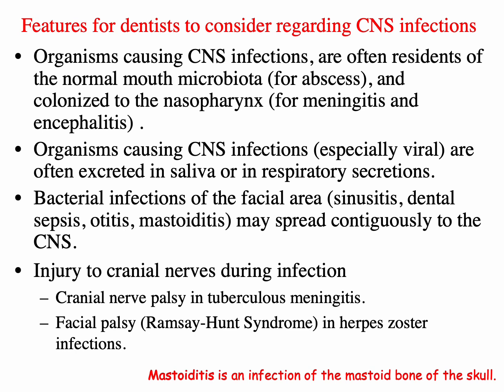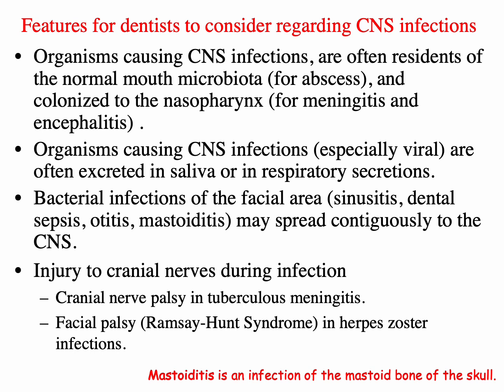The second point is the secretion of these infectious agents into saliva and respiratory secretions, particularly herpes. It can be found in the saliva of a person who has a cold sore, so that becomes a means of transmission to another person.